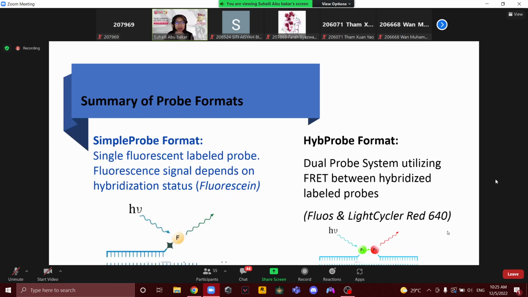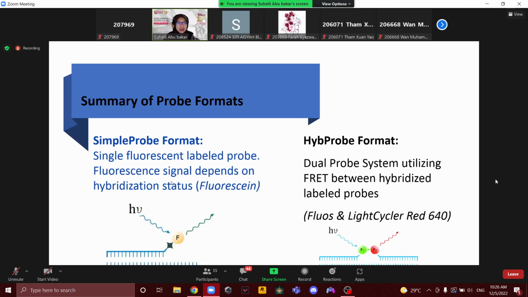Okay. So, sometimes in the TaqMan, in the hydrolysis and hybridization probe, it will show the same principle, something like this. Okay, this is hydrolysis. This is hybridization. Hybridization usually uses a dual probe system. When they meet, they fluoresce. This one is hybridization.